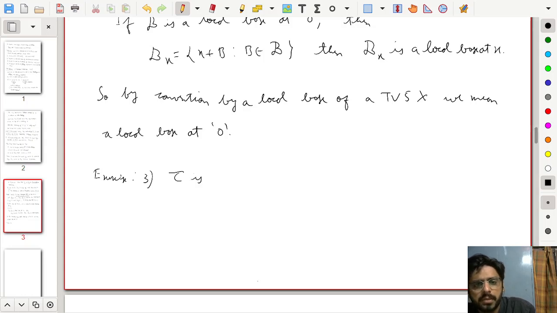Tau is completely determined by a local base at 0.